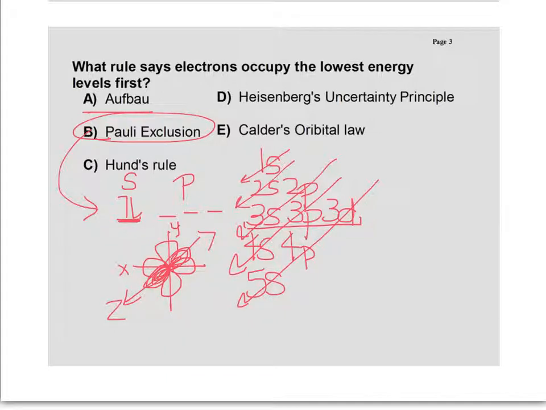So because there are 3 different orientations or ways we can draw the dumbbell shape, there are actually 3 different areas where electrons can be found. So the Pauli exclusion principle would say, again, that you can only have 2 electrons per bedroom. Even though P, the 3-bedroom apartment, holds 6 electrons, you can only have 2 per bedroom.